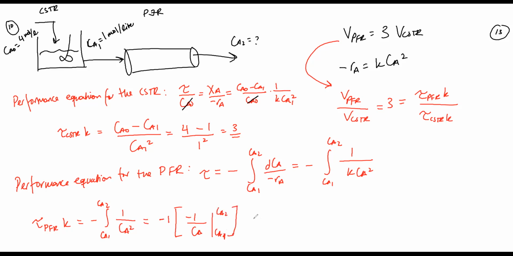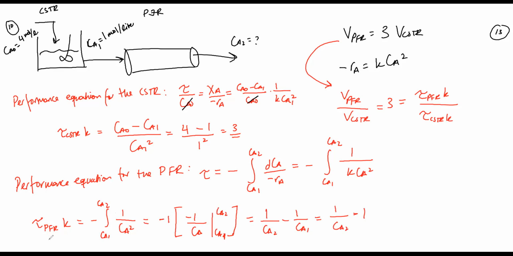The minus cancels with the minus, so I get 1 over CA2 minus 1 over CA1. Plugging in CA1, which is 1, this is equal to 1 over CA2 minus 1.